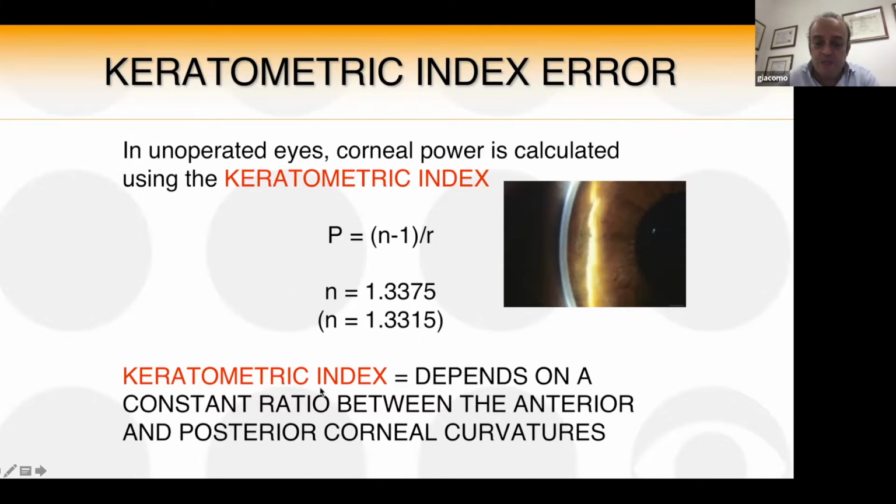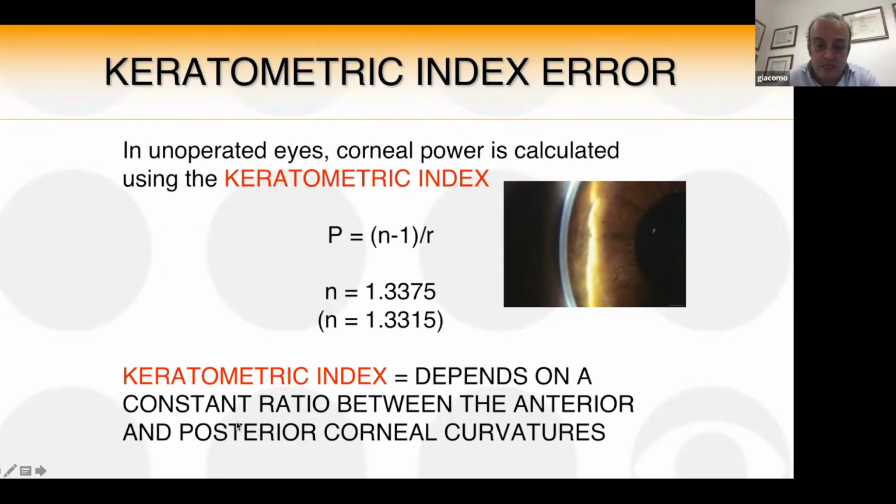And so the keratometric index on one side depends on a constant ratio between the anterior and posterior corneal curvatures. And this leads to good accuracy in normal unoperated eyes.